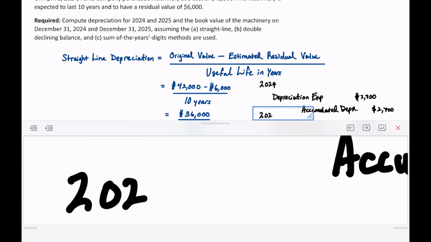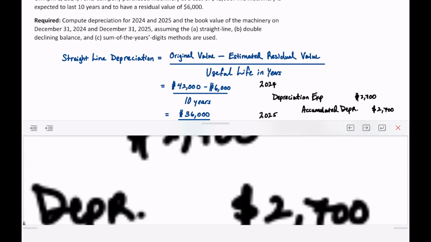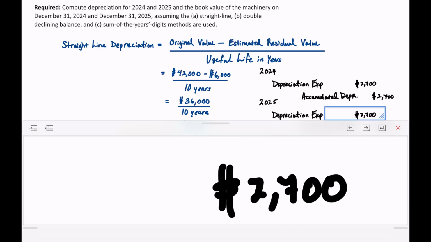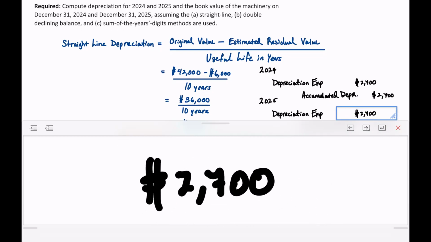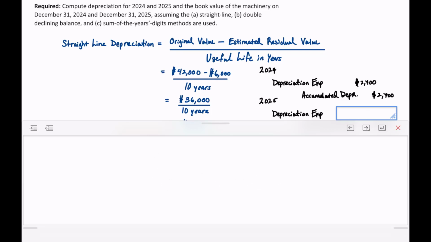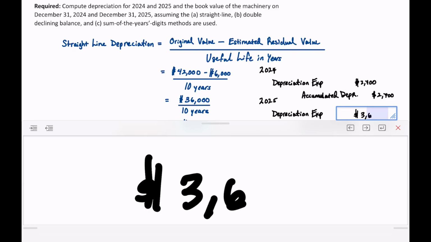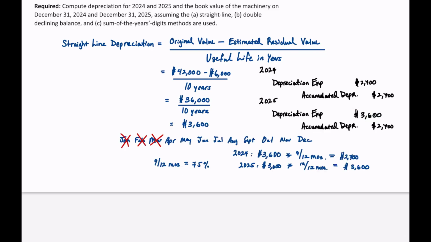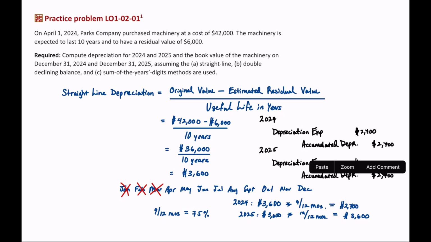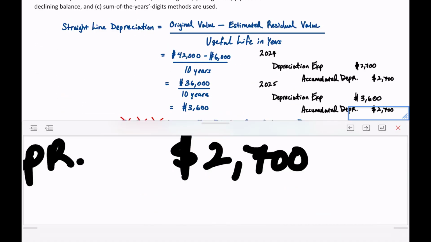Let's make this 2025. Right, and then the amount that we'll have is not going to be 2,700. Now it's the full 3,600. So we'll say 3,600, and we'll do the same thing here. So this will also be 3,600.